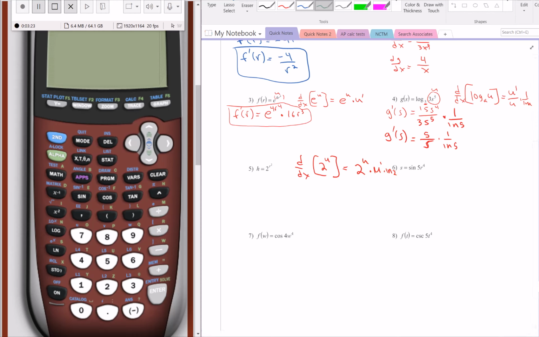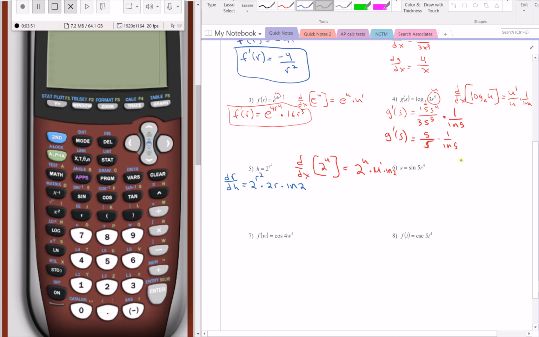So this one, again, the notation is going to get funky, but the variable here is r, so it's going to be dh/dr equals 2 to the r squared, the same thing you saw, times u prime, which is 2r, times natural log 2. And it's acceptable to leave that one like that.